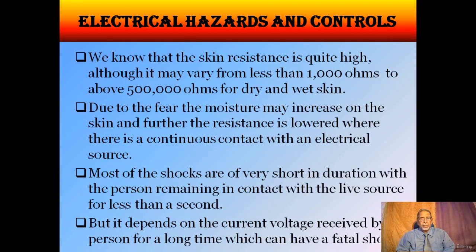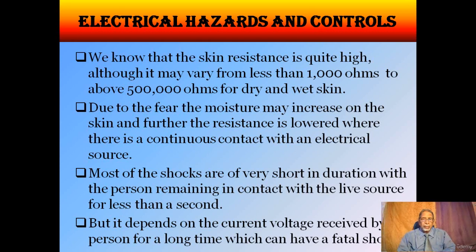We know that skin resistance is quite high, although it may vary from less than 1000 ohms to above 500,000 ohms for wet and dry skin. Due to fear, the moisture on the skin may increase, and further, the resistance is lower where there is continuous contact with an electrical source.